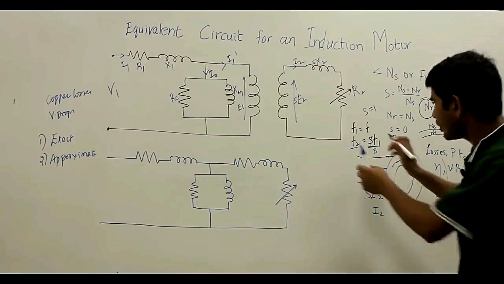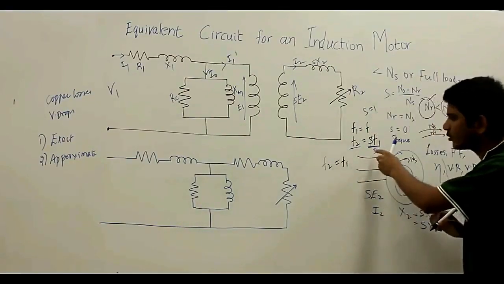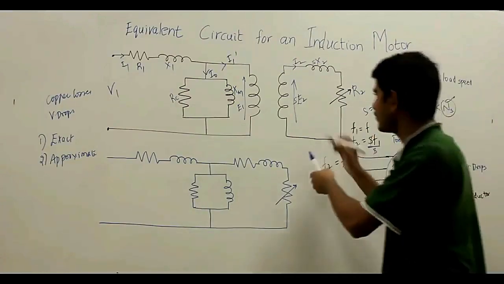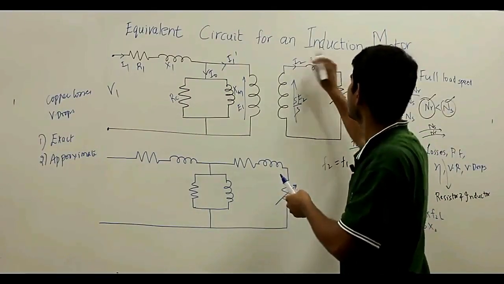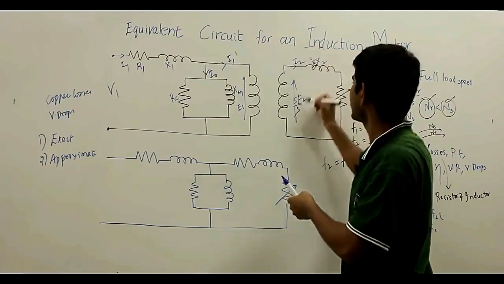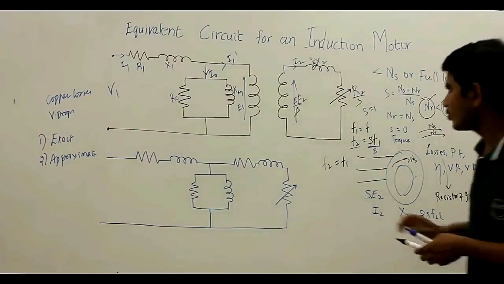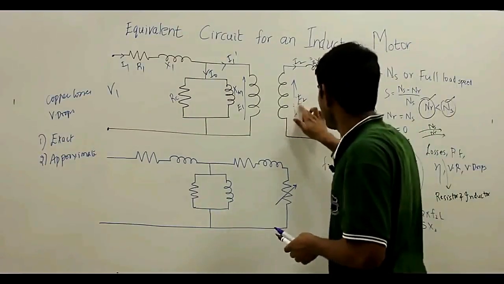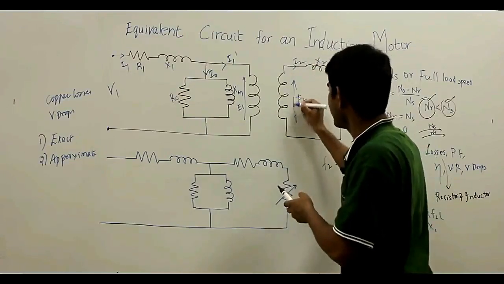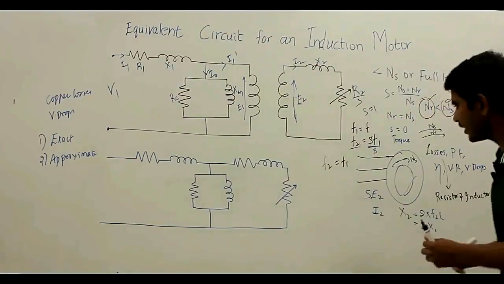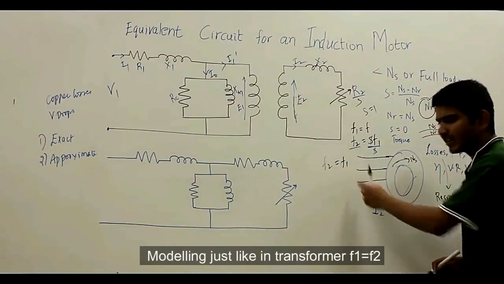What I do here is make F2 equal to F1, so we divide by S. If I divide by S, the S upon S cancels, and I will have R2 upon S. So this will simply be my E2 and my X2, just by making the frequency of the rotor equal to the frequency of the stator.